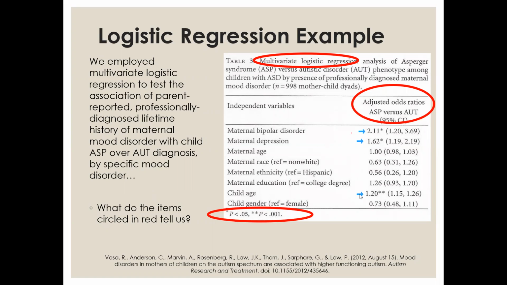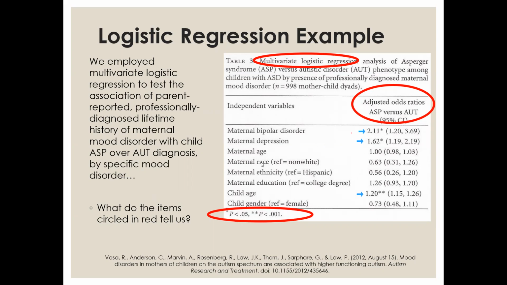So we know that having a mom who had bipolar disorder will increase your odds of having autism spectrum over autism. Same thing, maternal depression. So it seems like maternal mood is really playing a high role here, but this is less, right?